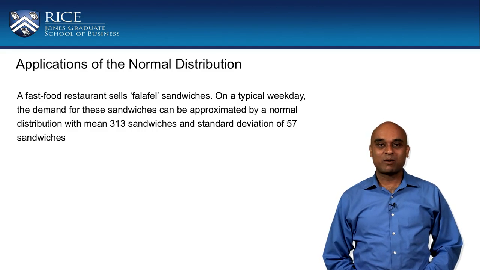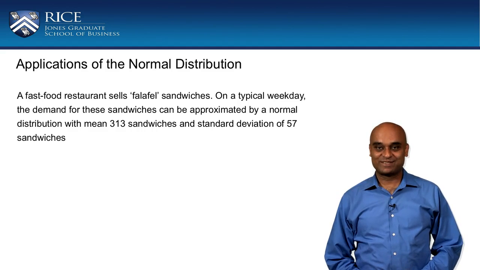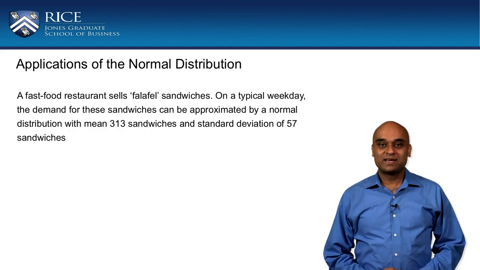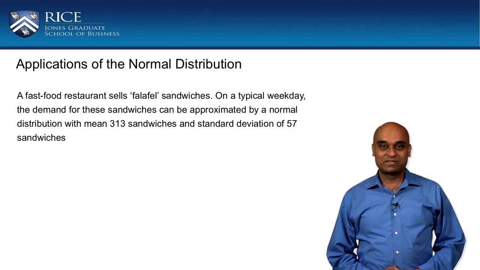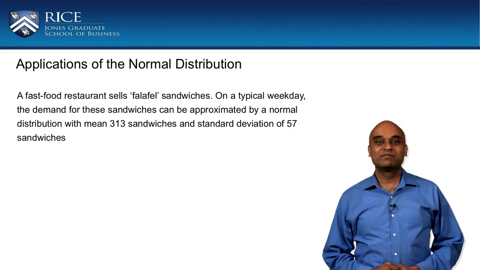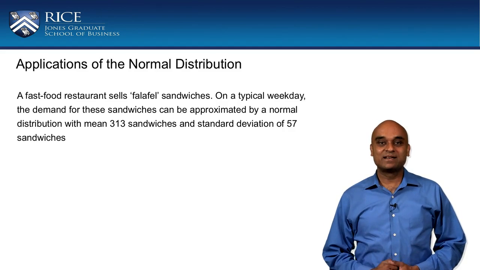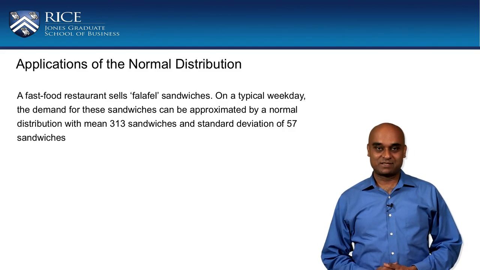We begin with the problem faced by a fast food restaurant that sells falafel sandwiches. On a typical weekday, the demand for those sandwiches can be approximated by a normal distribution with a mean of 313 sandwiches and a standard deviation of 57 sandwiches.